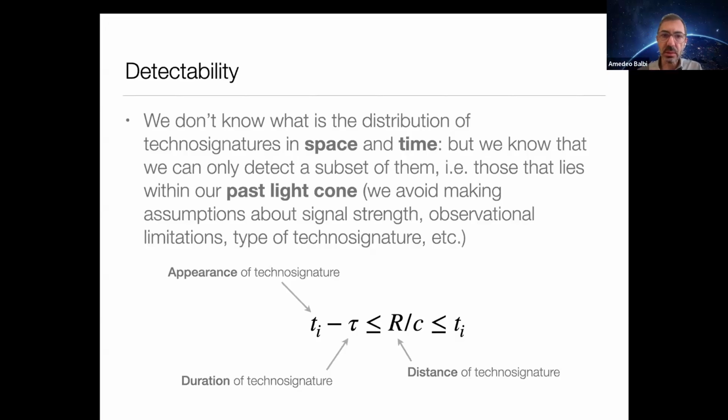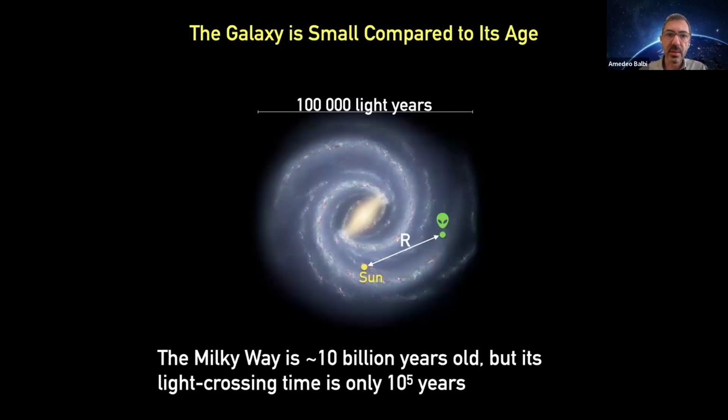Already starting from this basic definition, we can see that the galaxy is small compared to its age. It only takes roughly 10^5 years for light to go from one side of the galaxy to the other, and the galaxy is roughly 10 billion years old.